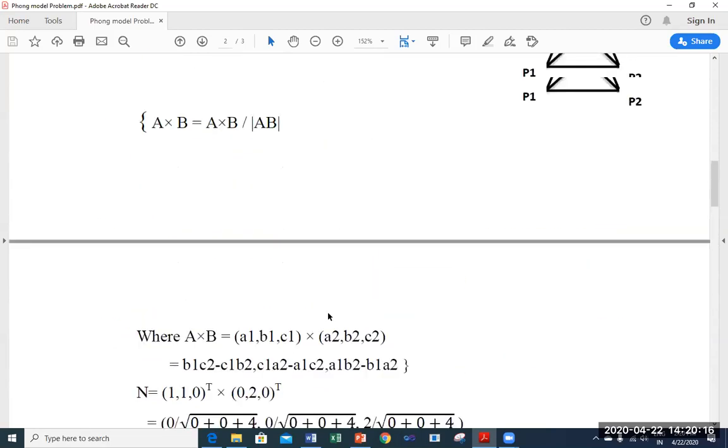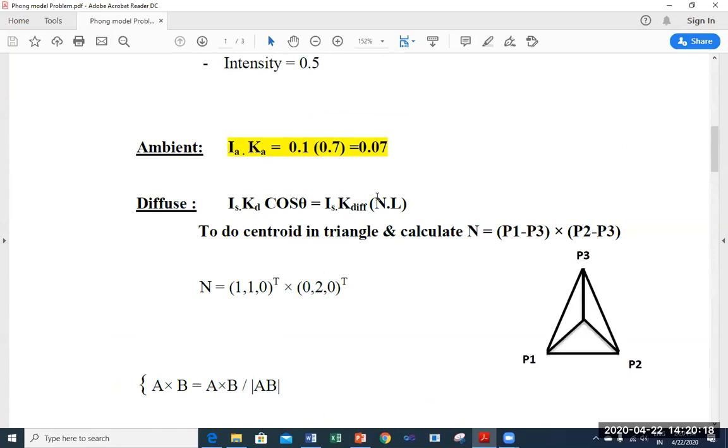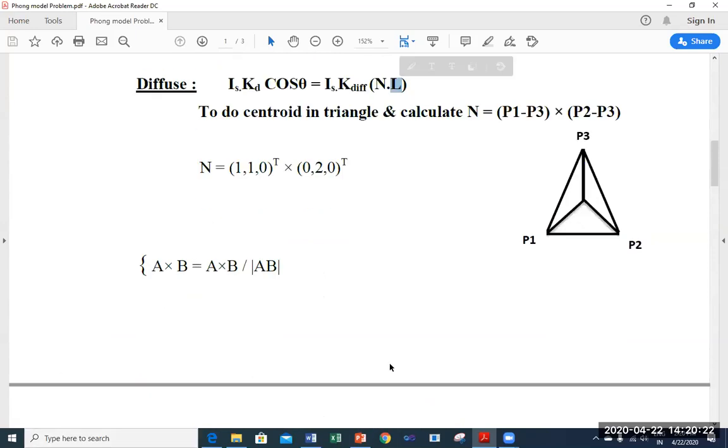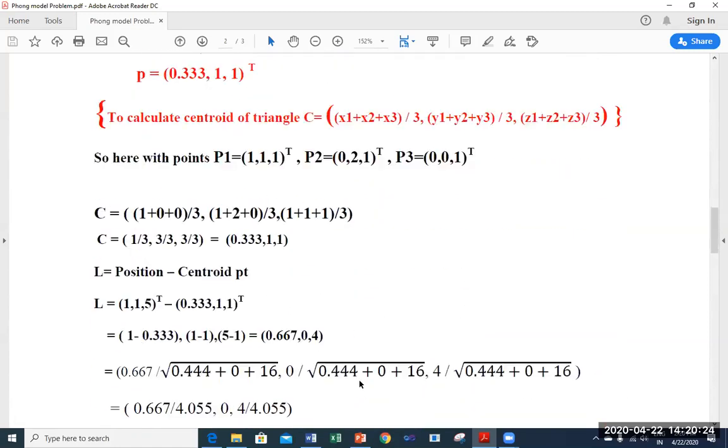Next, as the calculation of diffuse, you calculated the n value. Next, you have to calculate the L value. When light hits a particular object, from your point you can see the reflection. So L is the given source of the light that you have to calculate. How will you calculate the source of light?